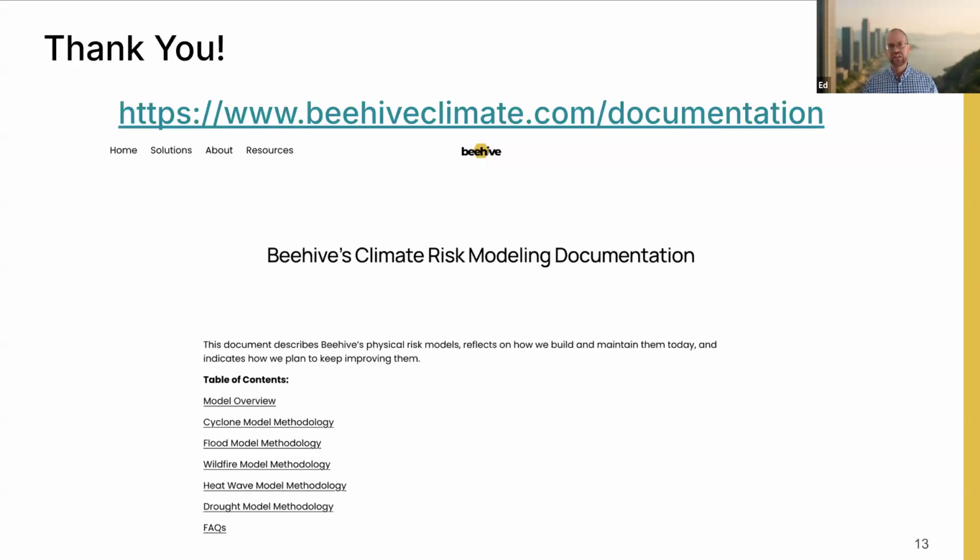To get that data, you need building by building, and to do a global scoring assessment, you need building by building data for literally every building in the world. And that's, of course, very expensive data to get.